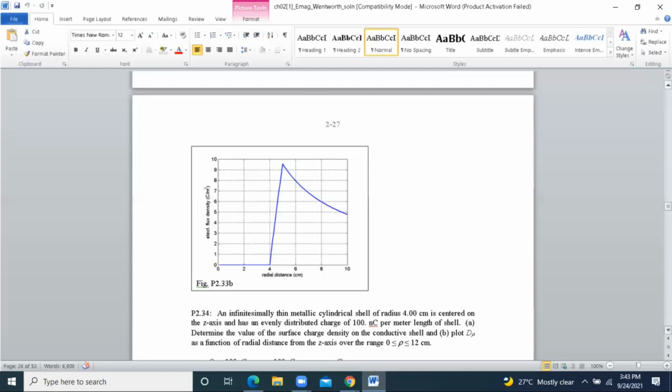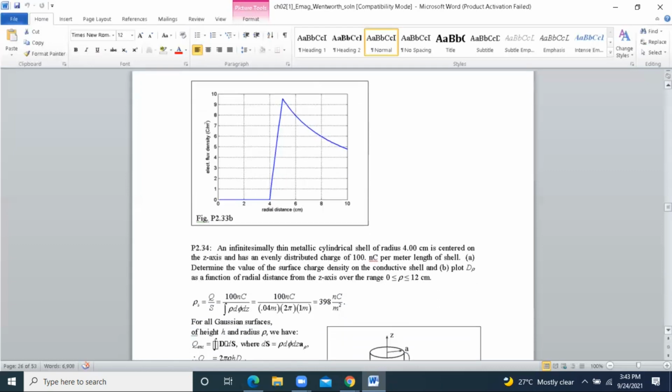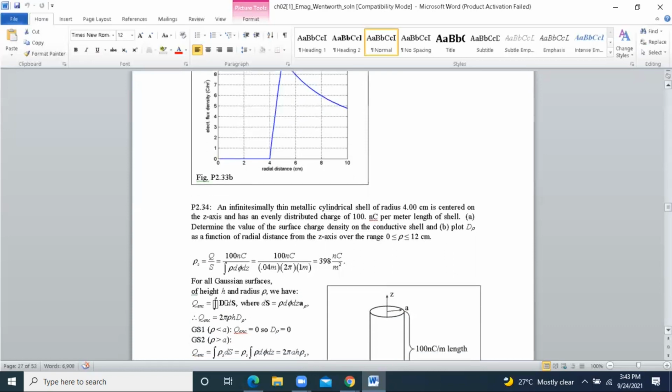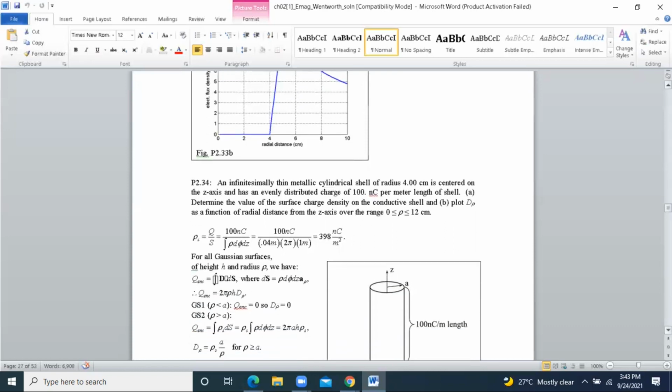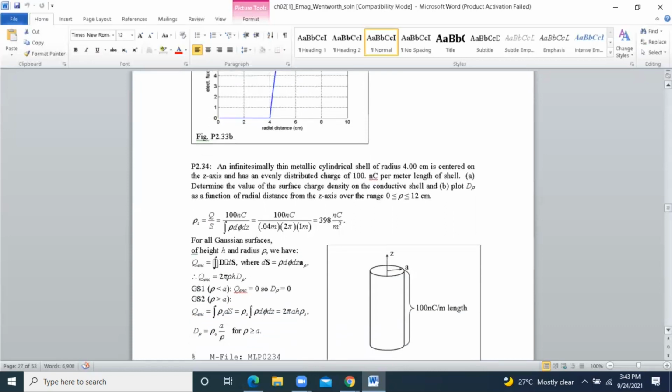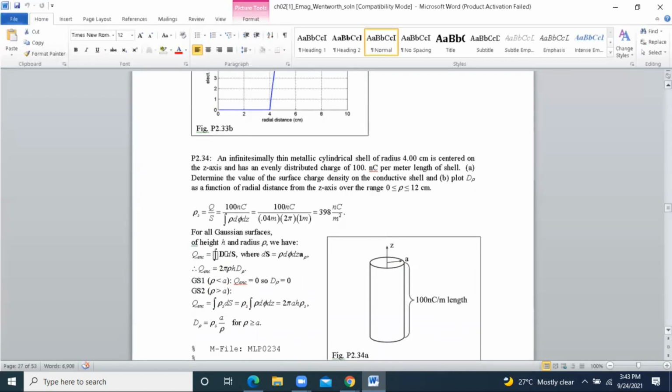L would be your height, right? But it says per meter length of shell. I'm not sure what to consider. I was going to use 1 meter. Yes, sir.